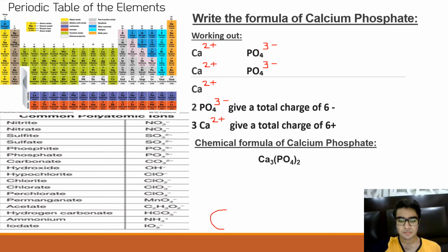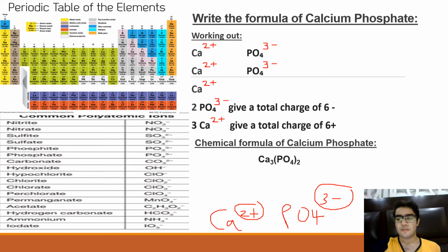So calcium has a charge of plus 2, and phosphate has a charge of minus 3 or 3 minus. It's the same thing. So how do we balance these out?